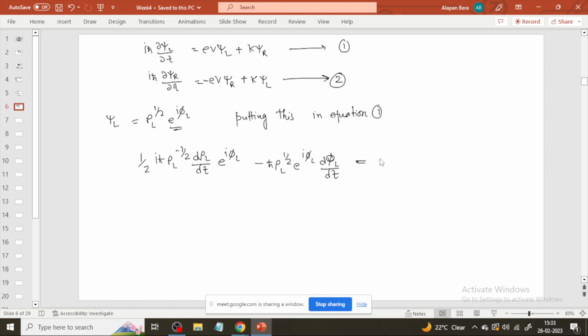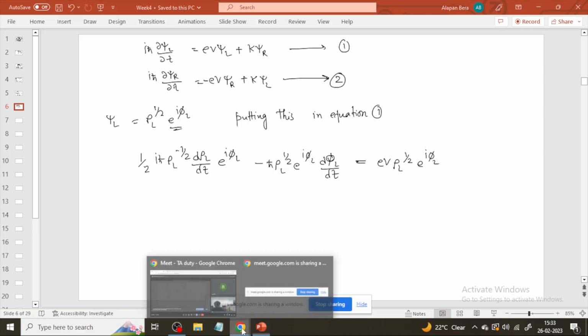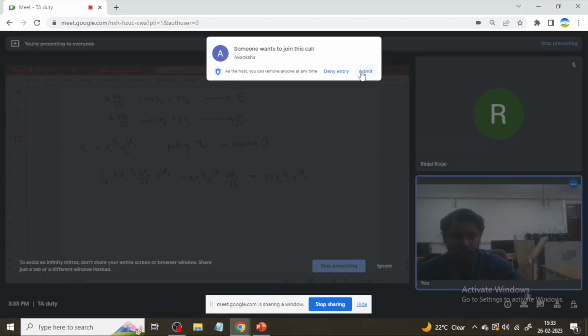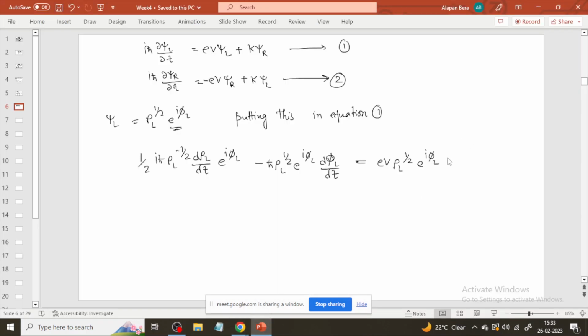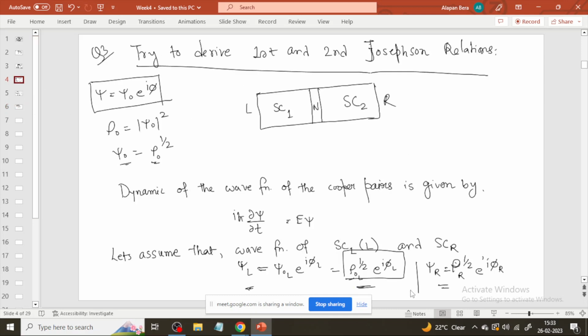That is equal to eV into psi L, with e to the power i phi L. This is our i phi L, and plus this region. Okay, so in the case of psi R, we assume this expression of psi R, so we'll put that here.